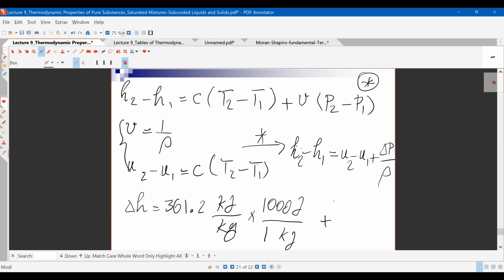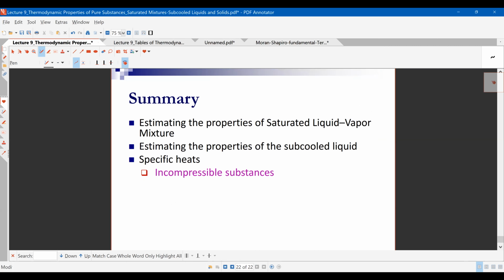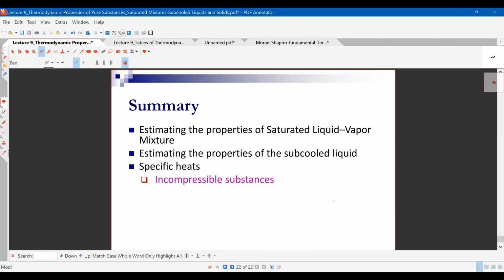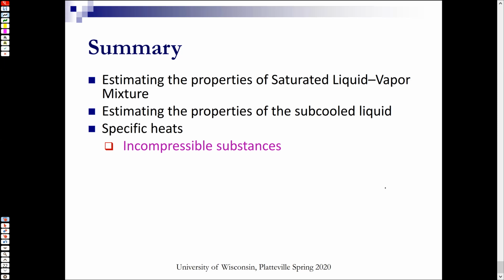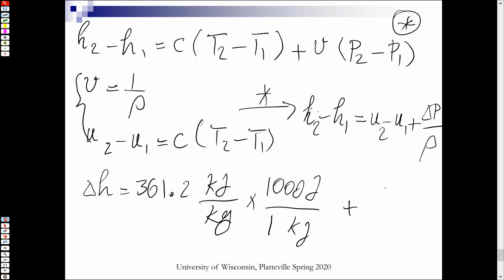plus the term of the, Control Z. Now let me just maximize the page. Plus the term of the pressure.